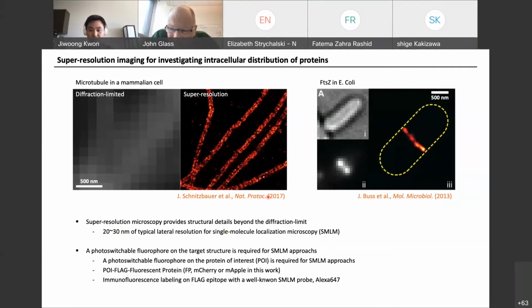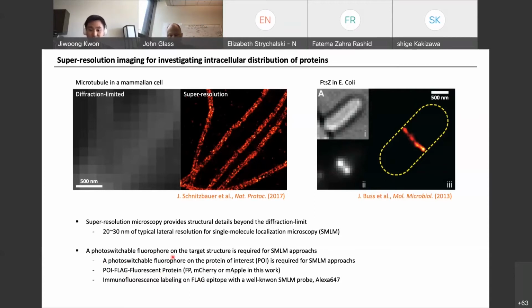Nowadays, SMLM is widely used to investigate biological structures and has revealed a lot of details, as we can see in these examples. This single molecule localization microscopy requires a photo-switchable fluorophore on the target structure.